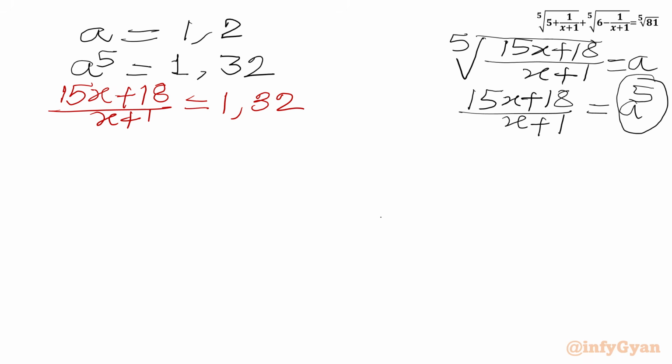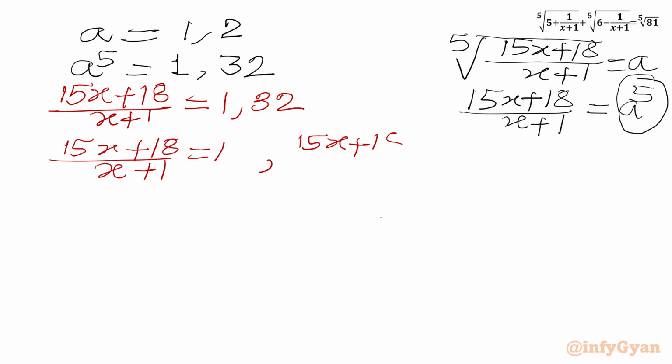Now we will take up the first equation, (15x + 18)/(x + 1) = 1, and the second equation will become (15x + 18)/(x + 1) = 32. Let's cross multiply.